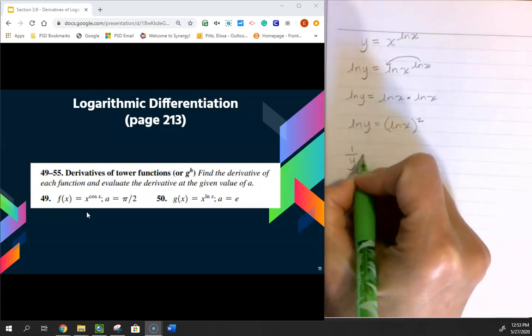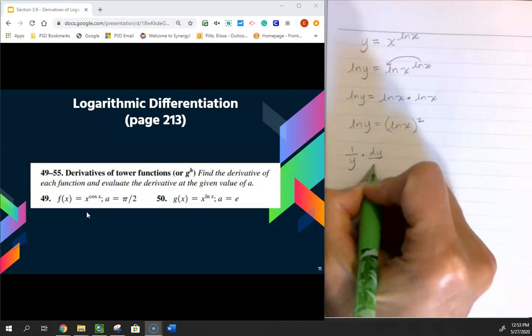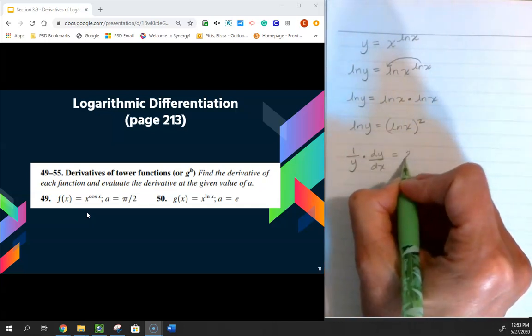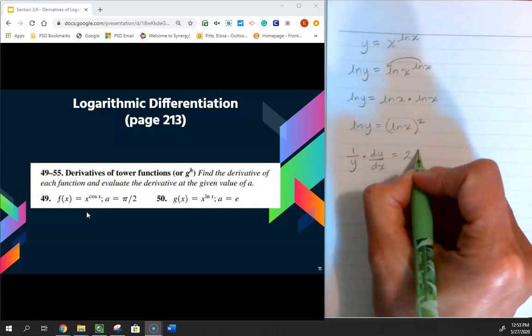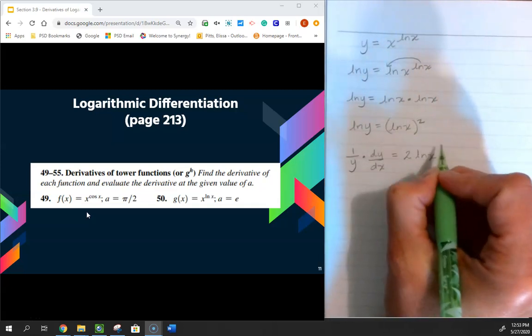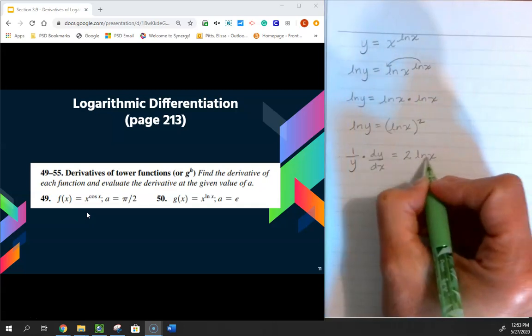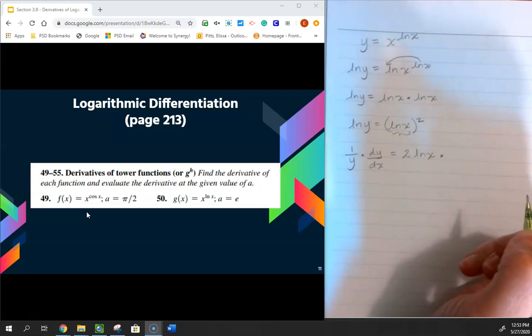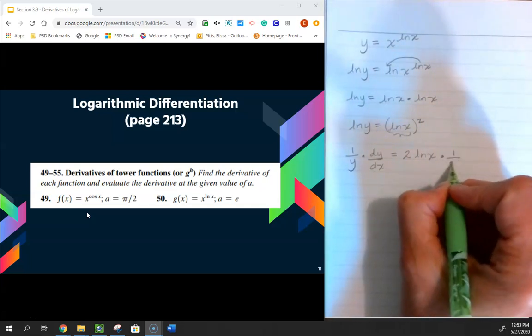Derivative of natural log of y is 1 over y dy dx. Derivative of this is 2. I'm going to bring that 2 down in front, leave the inside alone, decrease that exponent by 1, so that would be natural log of x to the first power, times the derivative of the inside, which is just 1 over x.